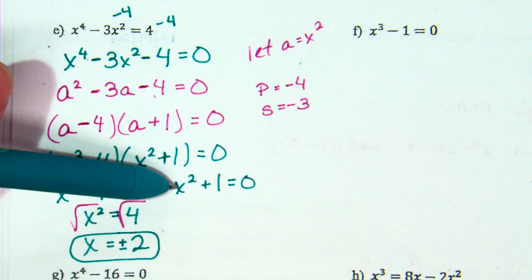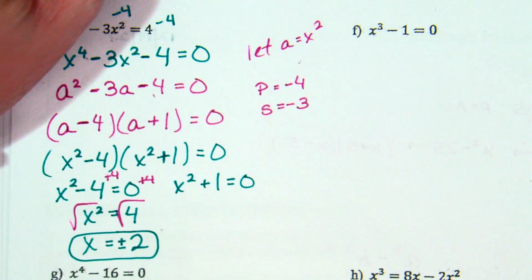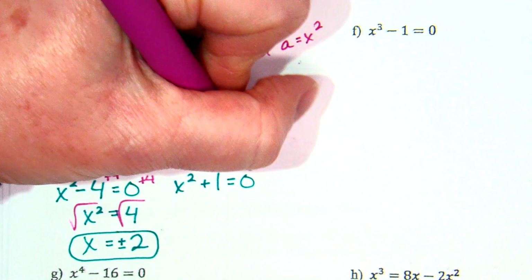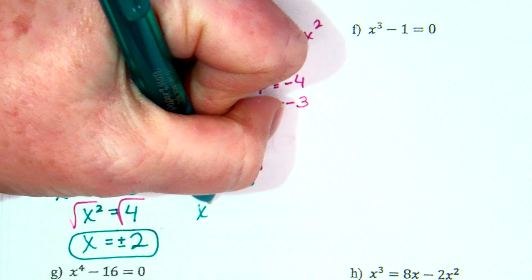Okay. X squared plus 1 equals 0. How do I solve that? If it's x squared plus 1, we're going to subtract 1. X squared equals -1. How do I solve? Square root. What's the square root of -1? I. And plus or minus I. How many solutions did I get there?